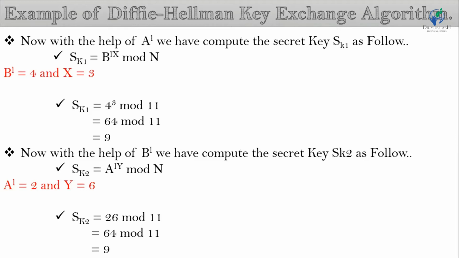Now let us see how the communication happens between A and B. Here A is Alice and B is Bob. Now Alice and Bob have a shared secret key obtained using the Diffie-Hellman key exchange algorithm.